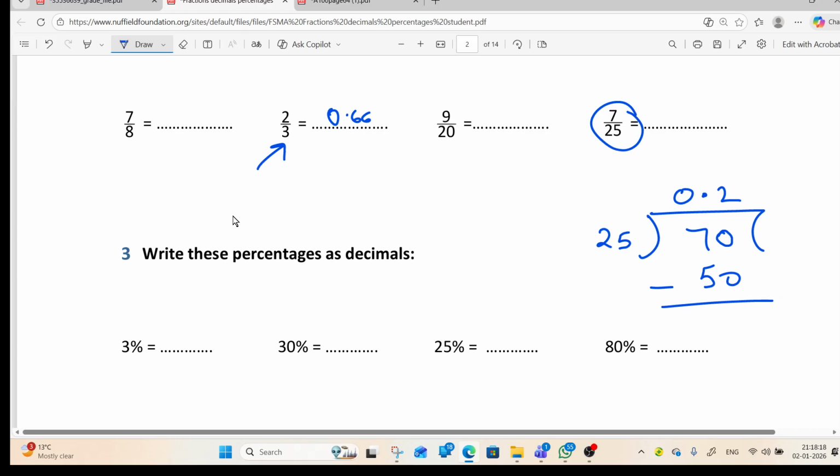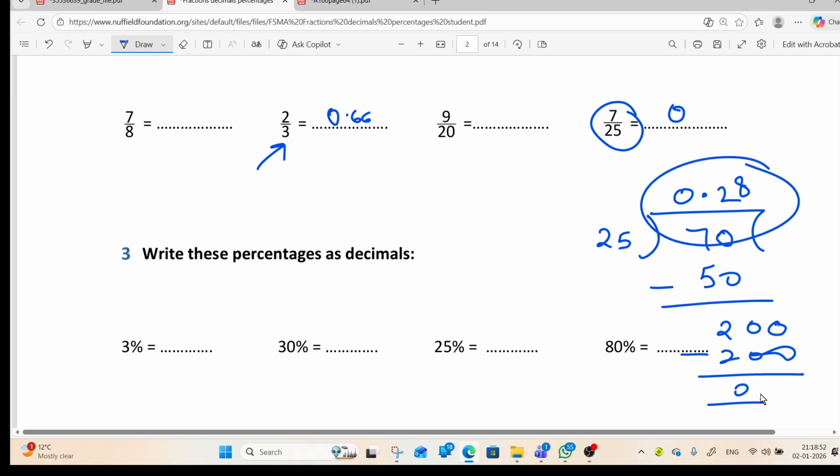Then you subtract them, you get 20 again, right? Then 25 times 3 is 75. Now again with the same decimal point, you put a 0 there, you get 200, right? So 25 times 8 is 200, okay? So you subtract, you get 0 remainder. That's your answer, 0.28.